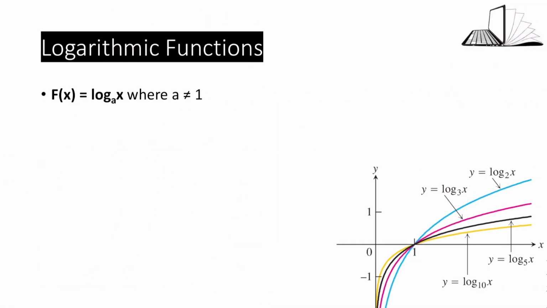The last function that we're going to discuss is the logarithmic function, which takes the form of log base a of x. Again, a should not be equal to 1, and it's a positive constant. A should be a positive constant.